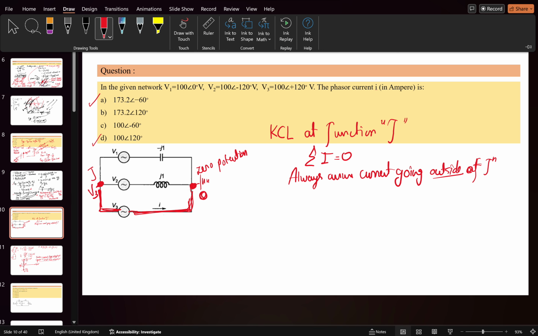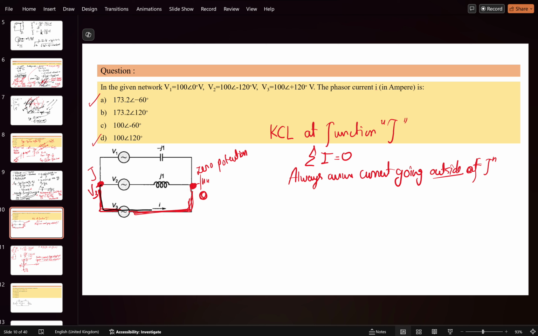Suppose I take this line where I have assumed zero potential and V3 is coming. So the current was going out, so that is fine. I have taken the current as I1, a positive term. What about V2? If I want the current to go out of the circuit, it means V2's potential is inside.